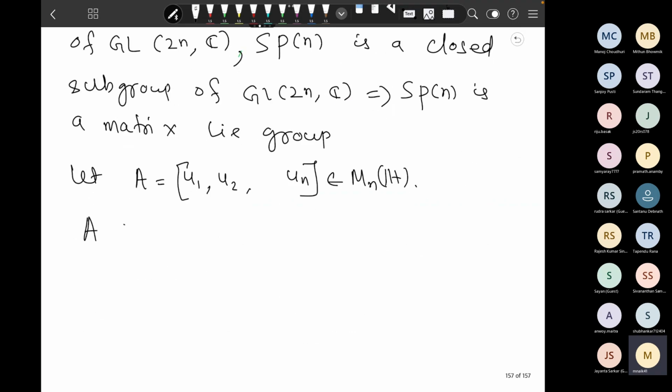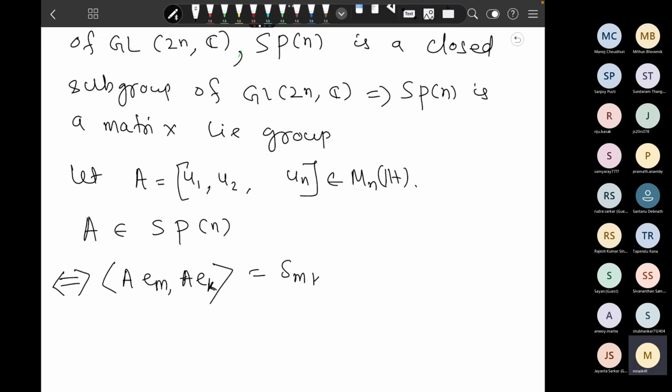A belongs to Sp(n) if and only if the inner product of A e_m and A e_k is equal to delta_mk, for 1 less than or equal to m, k less than or equal to n. And A e_m is nothing but u_m, so the inner product of u_m and u_k is equal to delta_mk.